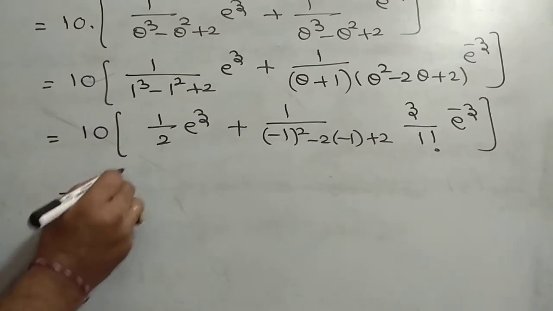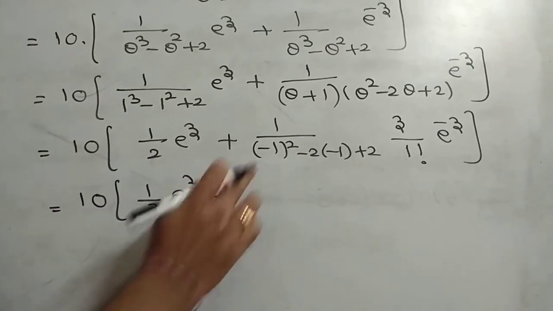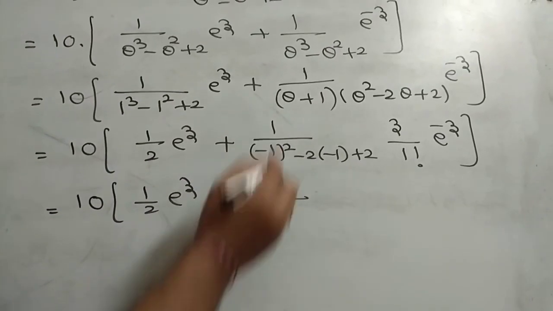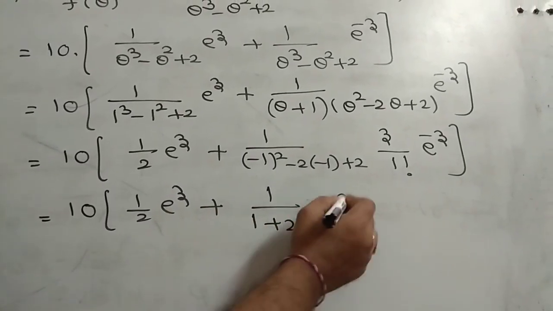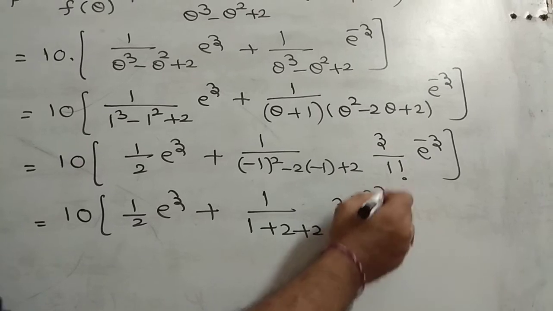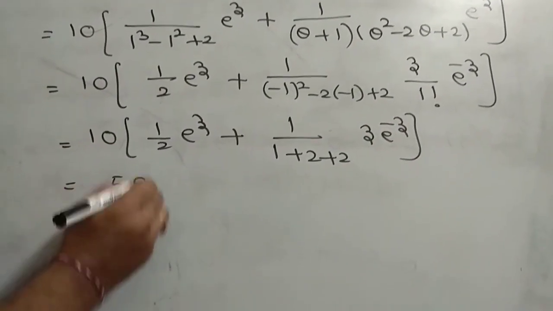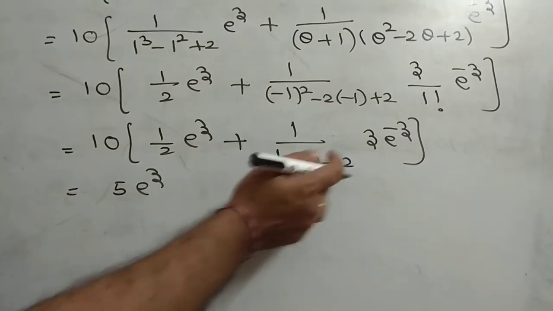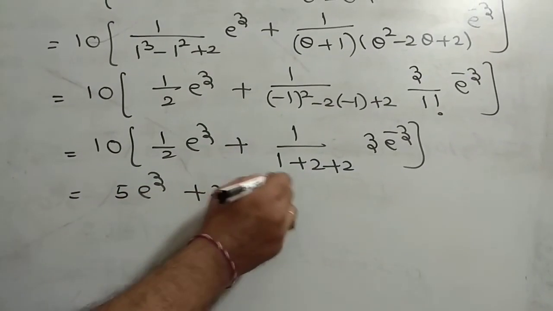Now this is 10 into 1 by 2 e power z, and plus 1 divided by minus 1 whole square is 1, plus 2, and here we have z e power minus z. Or I am making the simplification individually: 5 e power z, it becomes 4 plus 1, 5, and 2z e power minus z.